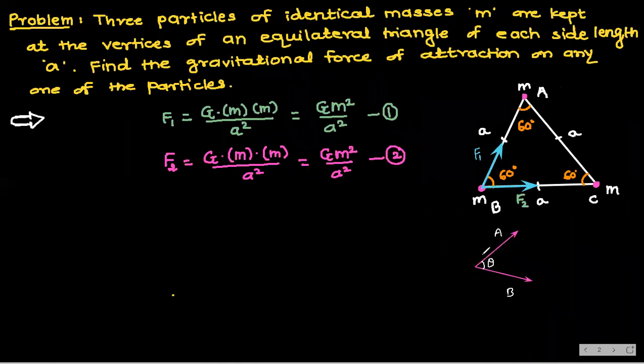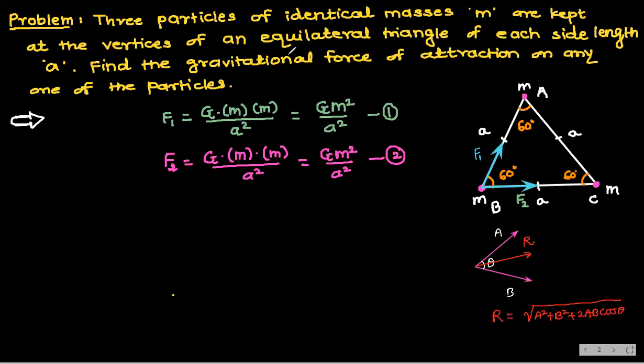And now this red one is their resultant, R. R stands for the resultant vector of these two. Then R is equal to under root of A square plus B square plus 2AB cos theta. This is the resultant formula.